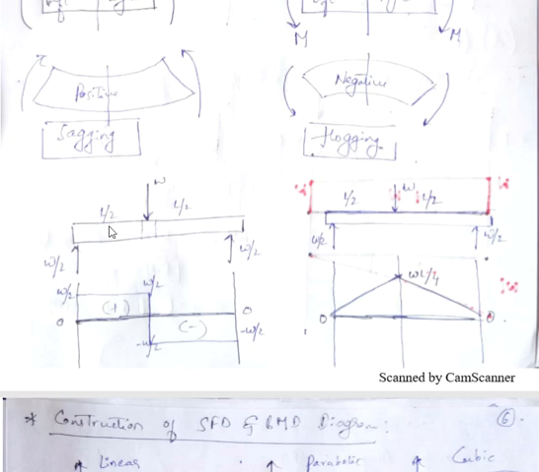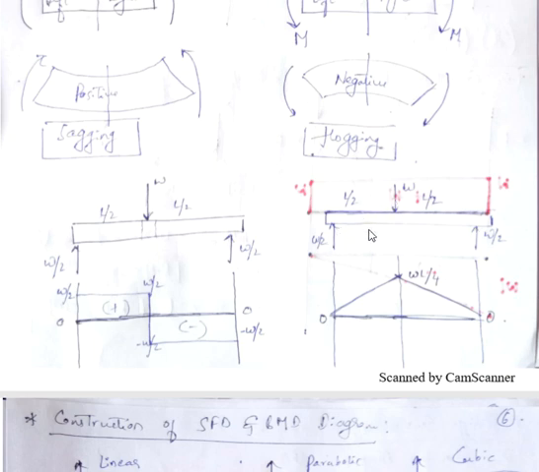So one thing you need to understand here is if I want shear force at any cross section, I need to add all the forces either from right or from left. You can choose any method. Then similarly if I want to find what is bending moment at any particular cross section, I'm going to add all the bending moments either from right or from left.